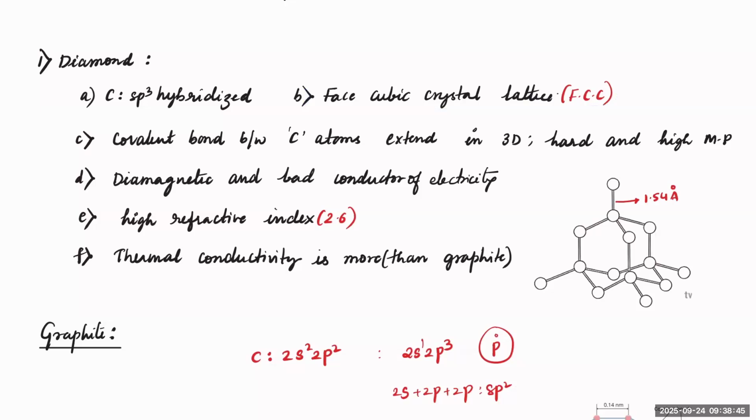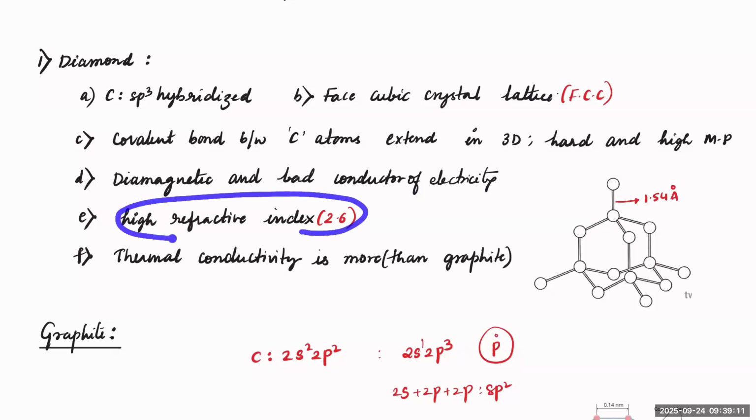If you don't know that, don't worry about it. We'll be learning that soon. Next, it is covalently bonded between all the carbons in a three-dimensional structure. It is extremely hard and has a high melting point. And next, it is diamagnetic and it is a bad conductor of electricity.